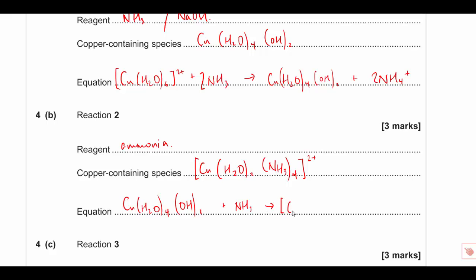So we're going to go Cu(H2O)2(NH3)4 2 plus, and then what's obviously remaining, 2 H2O, 2 OH minus. I need to balance this up there for ammonia. Because obviously copper being a bit funny on that one that goes on there.